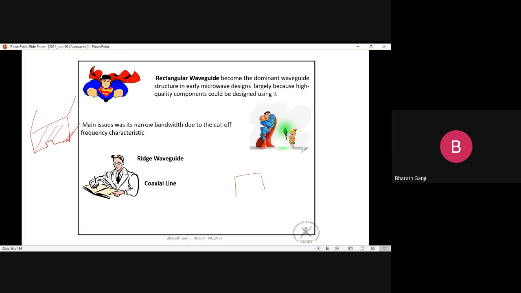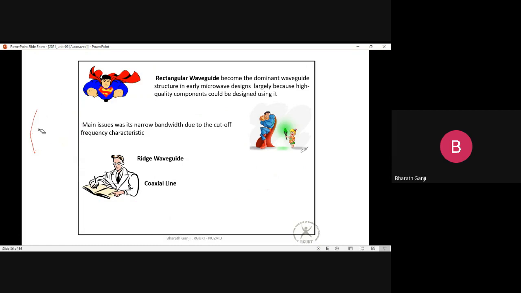Maybe I don't have the diagram very good here, but I hope you can understand that what you're doing is bending the shape here. Okay, so you're doing something like this. Right, so that is your ridge. Because of the ridges in the middle, you can actually increase the bandwidth.